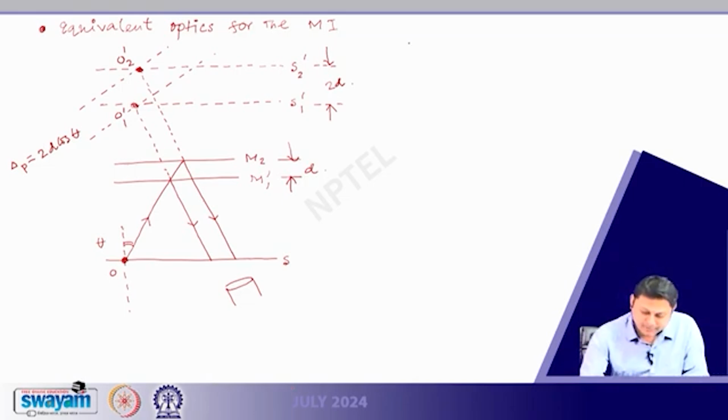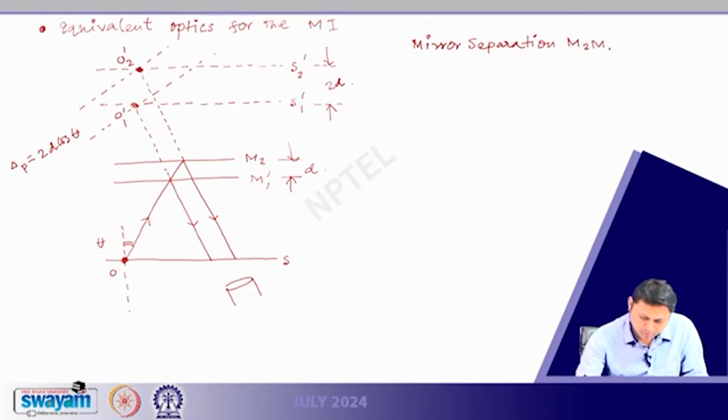So, let me write here one by one. So, the mirror separation M2 M1 prime is equal to d.